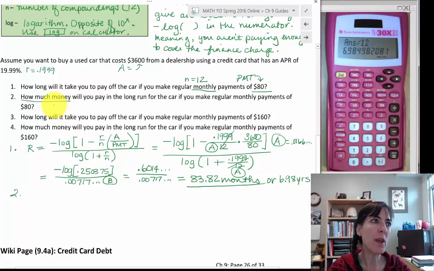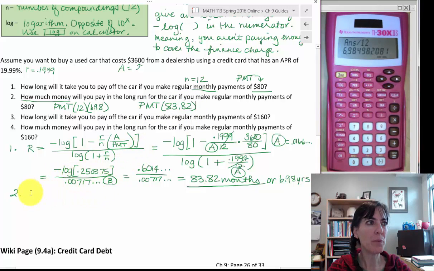So I know that I'm making my payment for 12 months of every year for 6.98 years, or I can think my payment times the number of months, the 83.82, and that's the one I'm going to use because it's a lot more convenient, less multiplying.